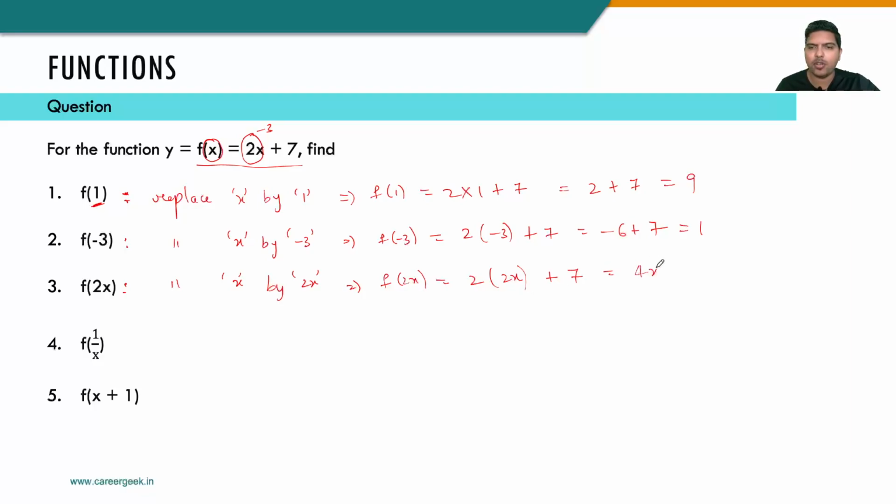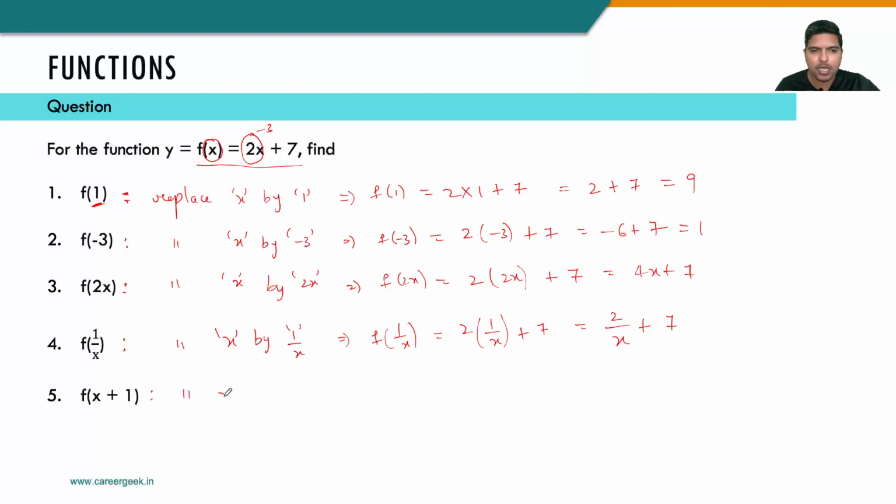So this becomes 4x plus 7. Similarly, f of 1 by x, I will replace x by 1 upon x. So f of 1 upon x is 2 times, in place of x, I replace 1 upon x, plus 7, which is 2 upon x plus 7.